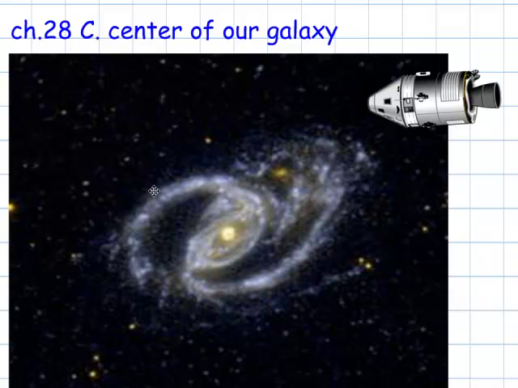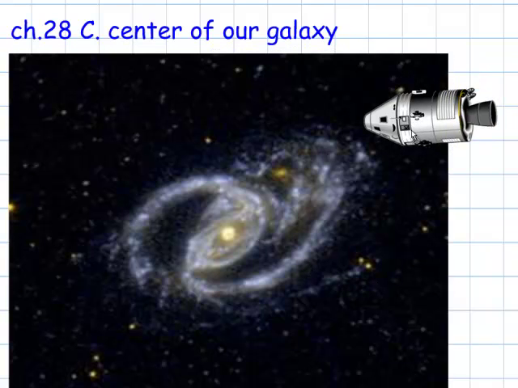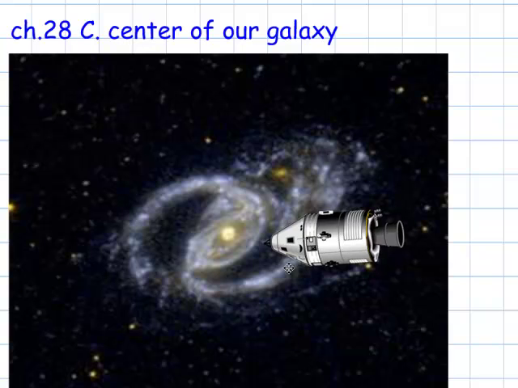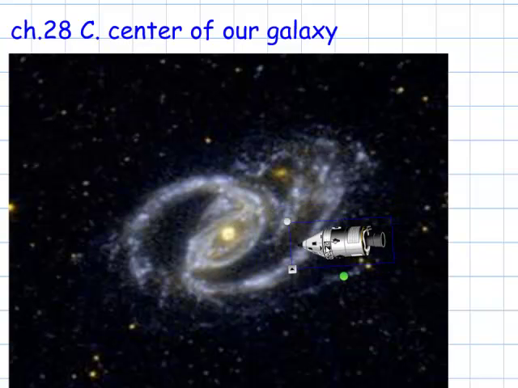All right, so I took an image here of a barred spiral galaxy because that's what our Milky Way galaxy looks like, and we might be here in one of the spiral arms, actually maybe here, and then here's our spaceship that's supposed to fly from here to there, and that's just the illustration.